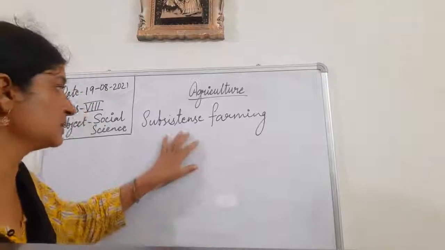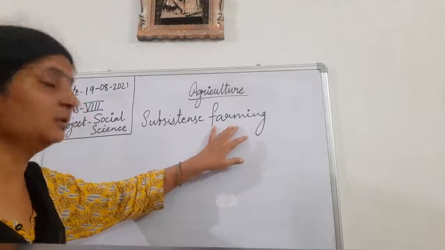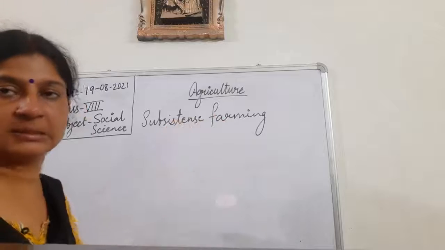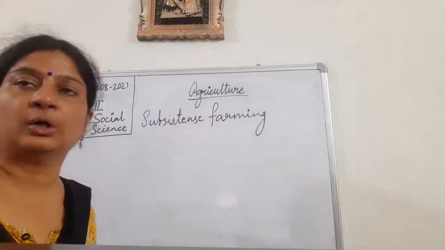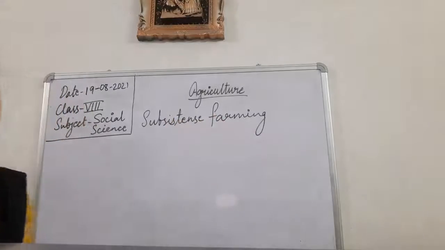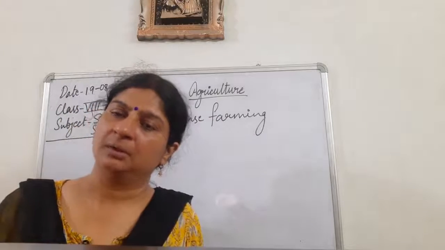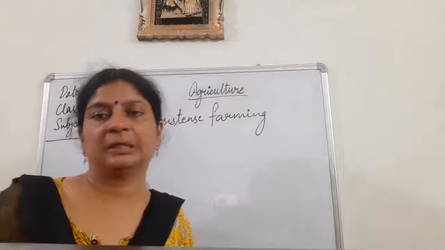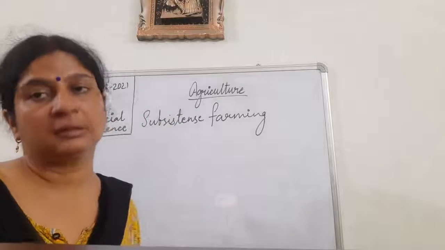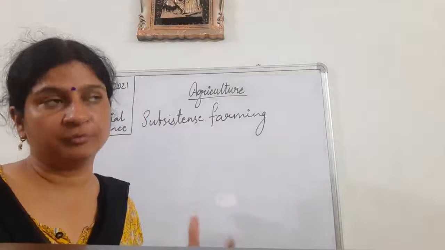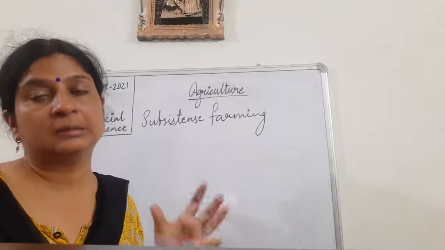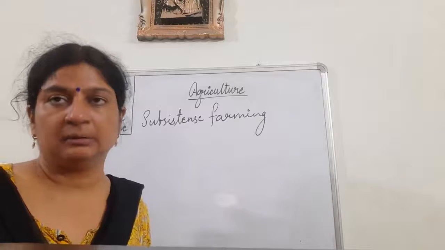As the name suggests, the farming is done for the purpose of subsistence, in order to fulfill the needs of the farmer's family. Whatever they need in order to live their life, this farming is done to fulfill those needs.